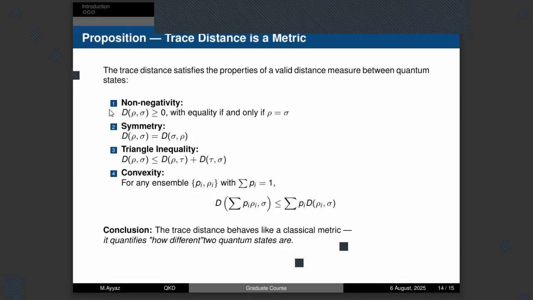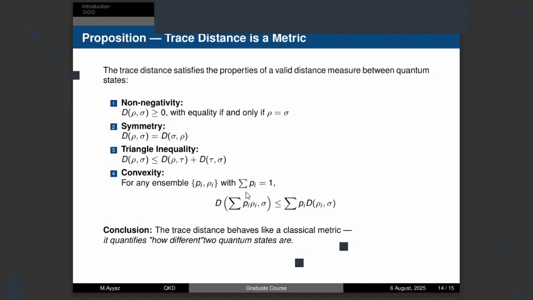Like the normal distance, the trace distance is non-negative and symmetric, meaning it does not change with the exchange of the density matrices. It follows the triangle inequality, meaning that the sum of two distances should be greater than or equal to the distance between the two end points. And it follows convexity.